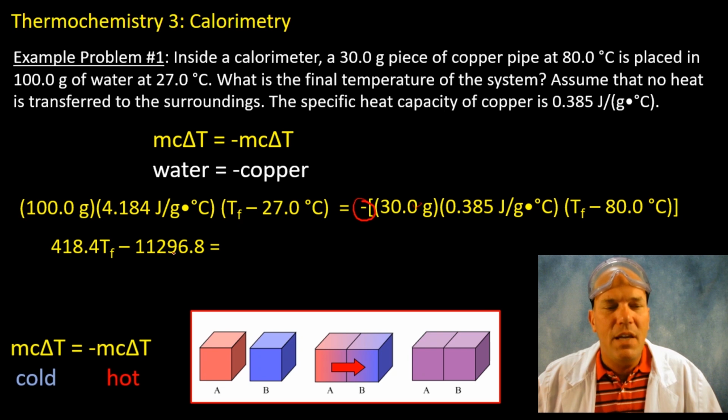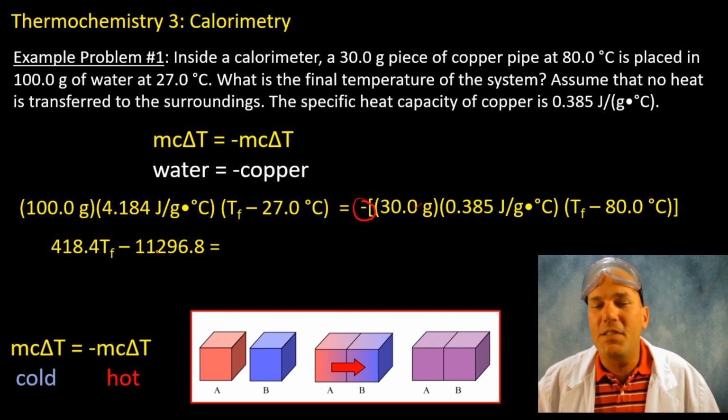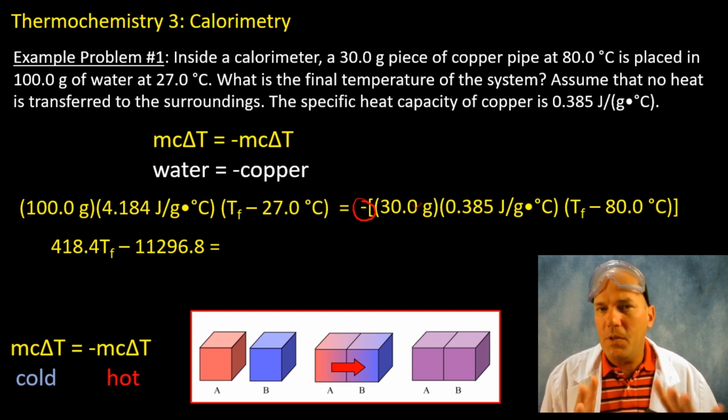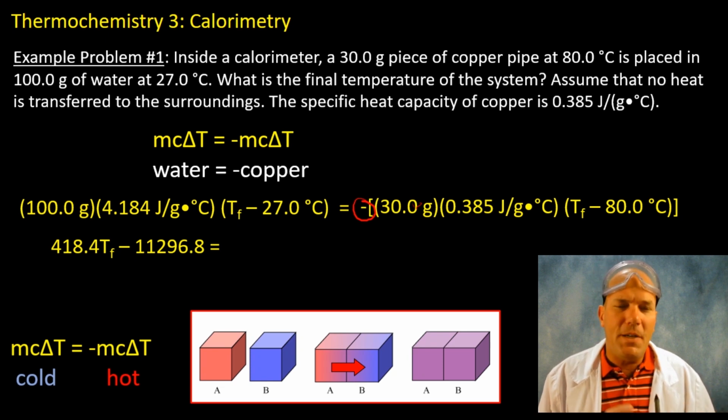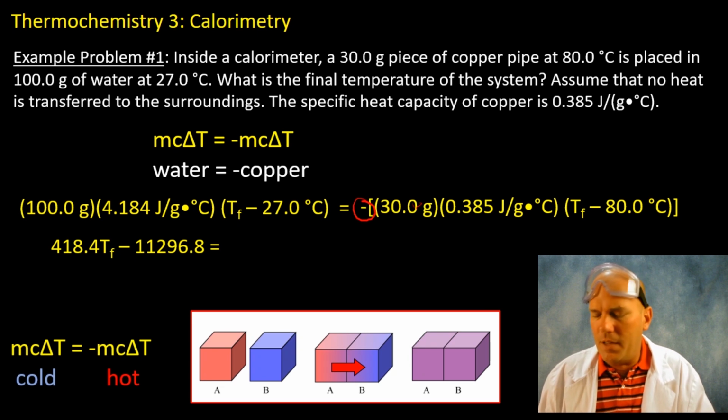So minus, when you multiply that by 27, you get 11,296.8. If you look at your units, we're unitless here. So go ahead and look at the units because I've always encouraged students to do that. All the units there cancel out on that side.